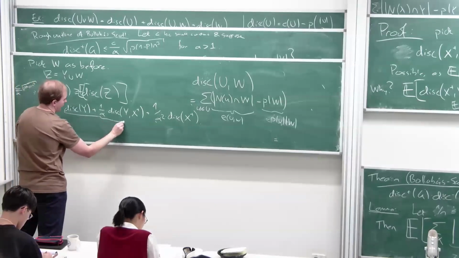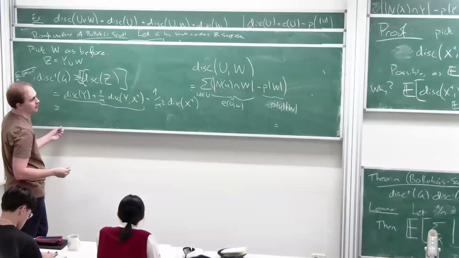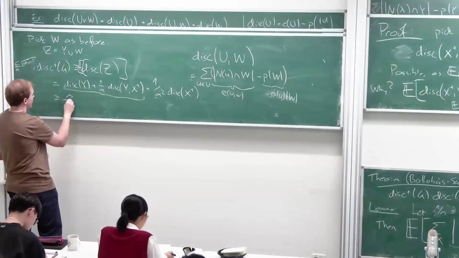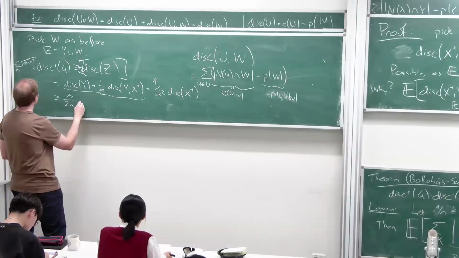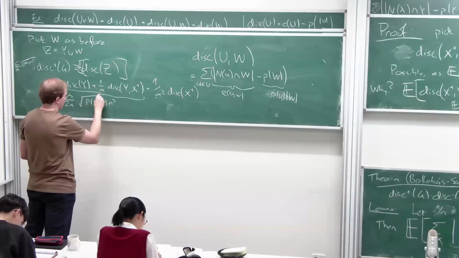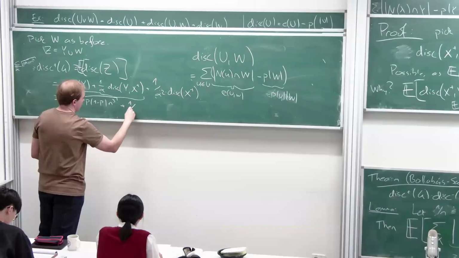And we know that this guy is at least beta divided by 2 alpha times. This guy.